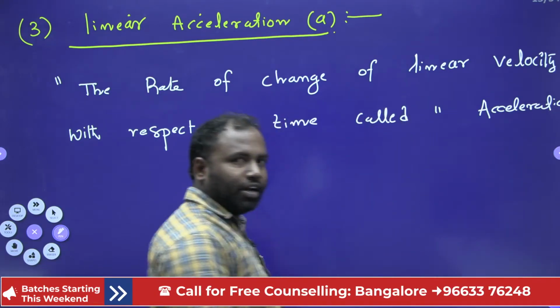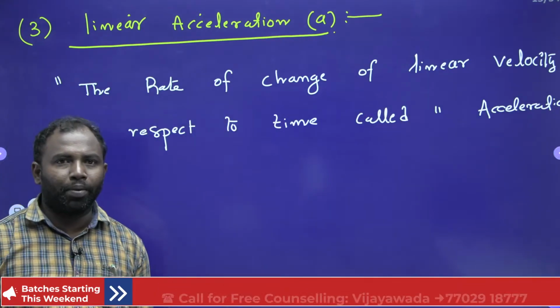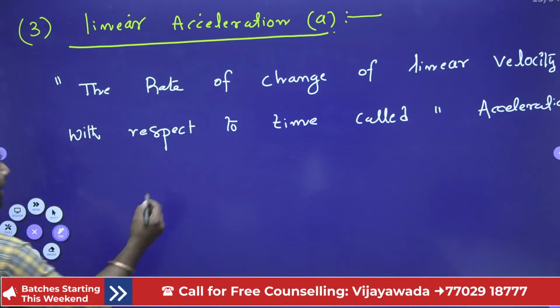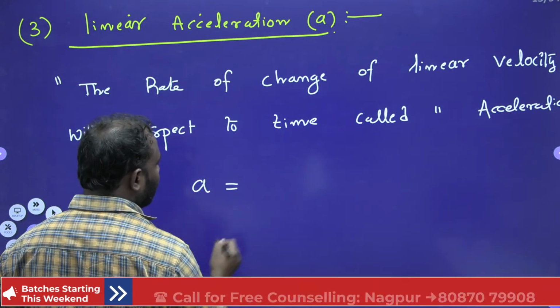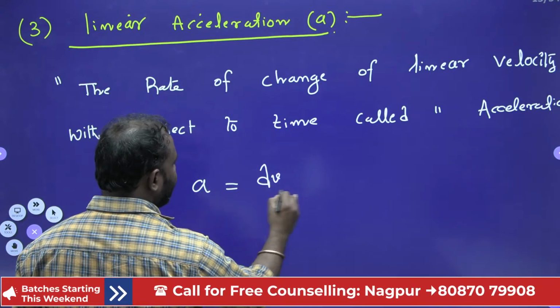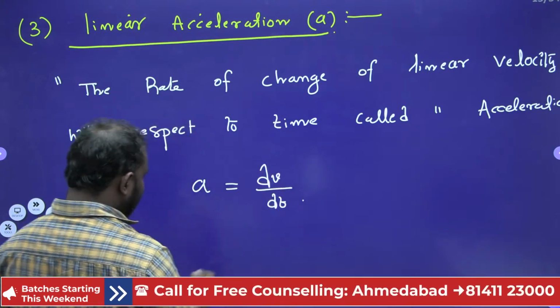All right guys, done everybody. I hope everybody understands. Now here I can write my acceleration is equal to dv by dt.